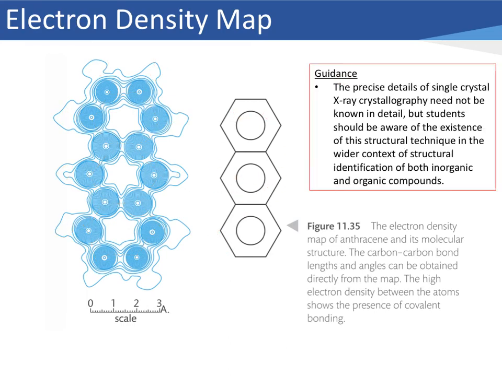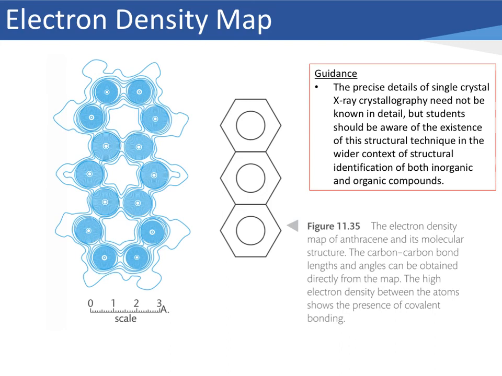I'm going to remind you of the guidance from the syllabus. The precise details of single crystal X-ray crystallography need not be known in detail, but students should be aware of the existence of this structural technique in the wider context of structural identification of both inorganic and organic compounds. So what will you have to know about X-ray diffraction? Not very much.